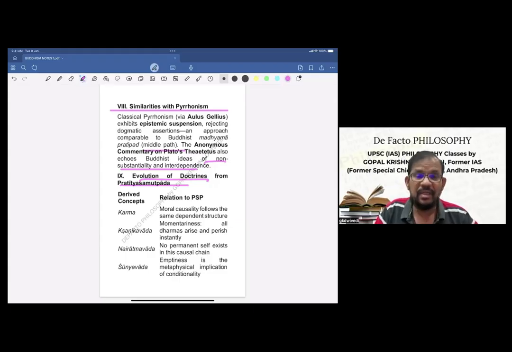Then Kshanikavada, momentariness, all dharmas arise and perish instantly. Anatmavada, no permanent self exists in this causal chain. Then Shunyatavada, emptiness is the metaphysical implication of conditionality. So if you see, all are in a way related or dependent on Pratityasamutpada.